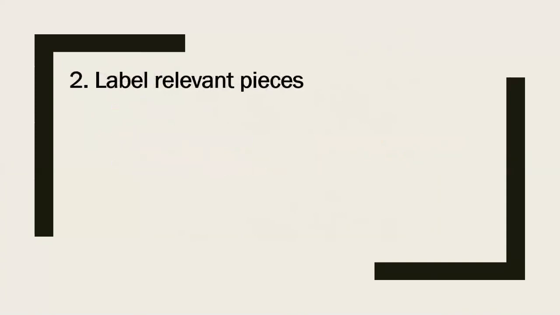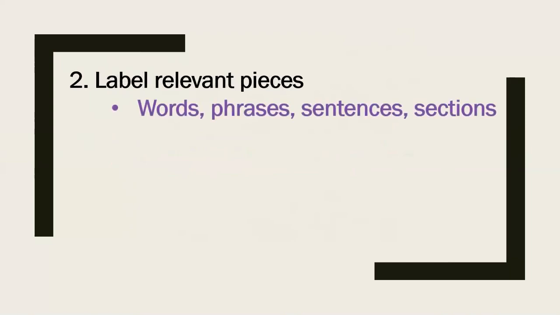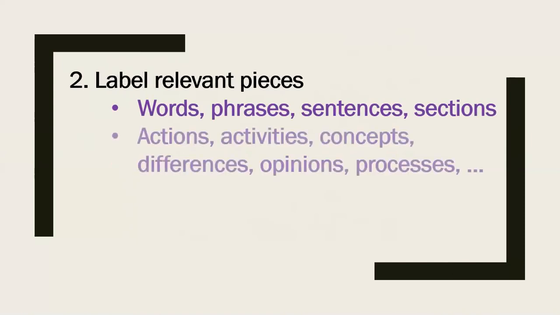Step 2, label the relevant pieces. Label the relevant words, phrases, sentences, or sections that you read. Now those labels can be about actions, or activities, concepts, differences, opinions, processes, or whatever you think is relevant.